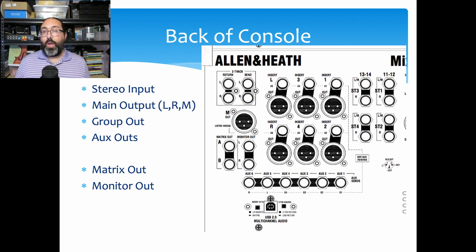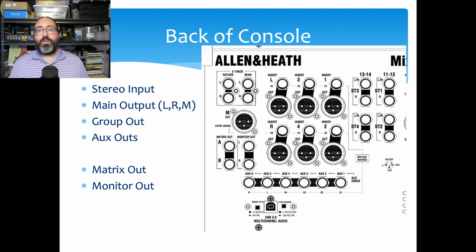So you could theoretically plug a keyboard into stereo 1, a DJ track into stereo 3, a CD player into stereo 2, and an iPod into stereo 4, and be able to control all four of those things, but only two of them using the faders of the console. Kind of an interesting concept.